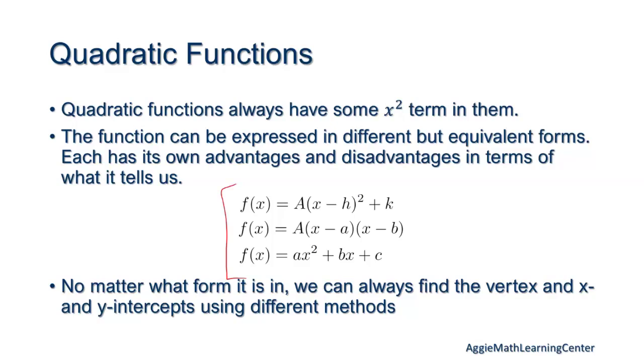This first one, a(x minus h) squared plus k, does anyone know what situation you might use that one for? Maybe what are you given, or what do you need to find? If you need to find a. Yeah, exactly. So a is usually that unknown, and what you're usually given is the vertex.